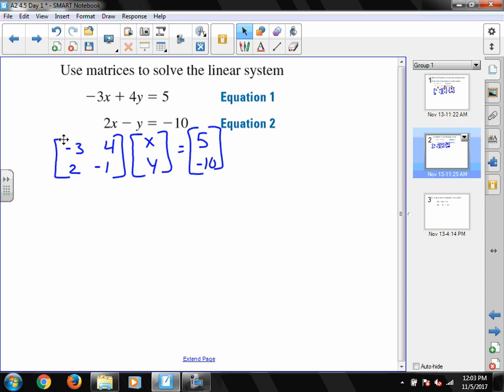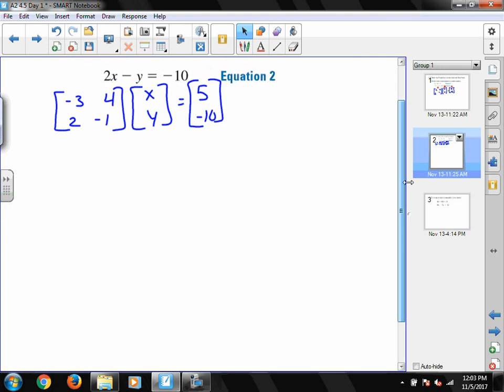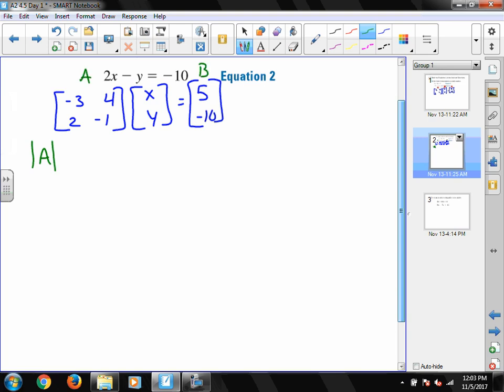We start working almost exactly the same way that we did with the last video. We need to find the determinant of A. Remember, this is my A, this is my B. So I'm going to take -3 times -1 minus 2 times 4.